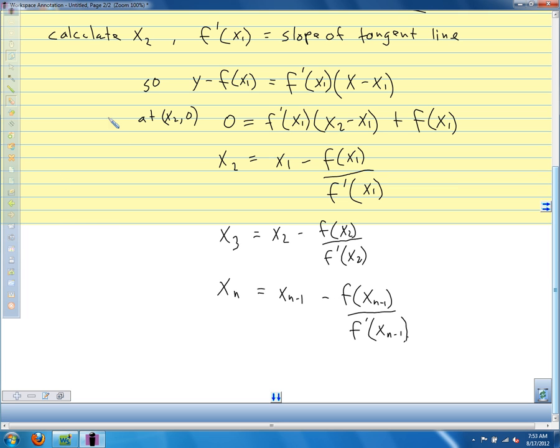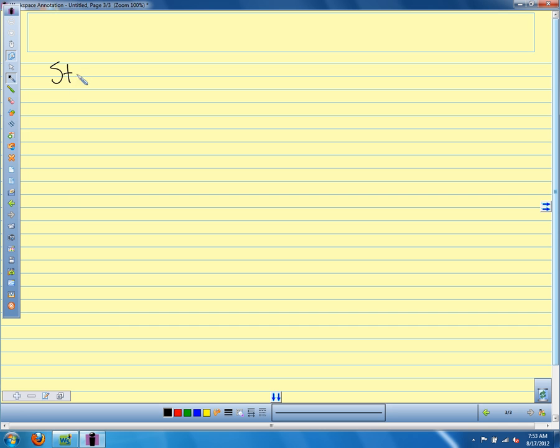So let me write down any questions about the idea of Newton's method. Let me write down the steps so you know how to go about it when you do Newton's method. So we know that we have a 0 on some interval, and f is differentiable. If f fails to be differentiable anywhere on the interval, when you hit that point, you run into a problem with Newton's method. If f is not differentiable, you can end up trying to divide by 0, something like that.